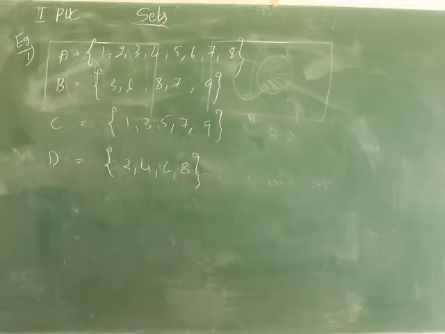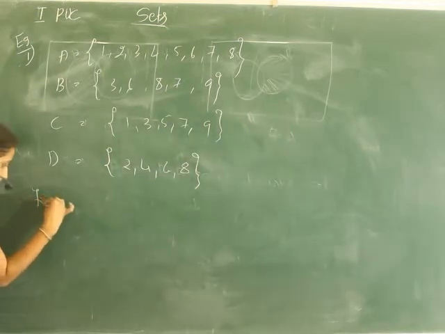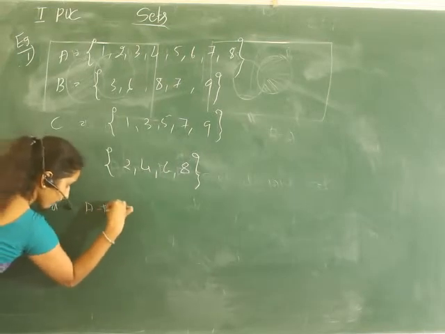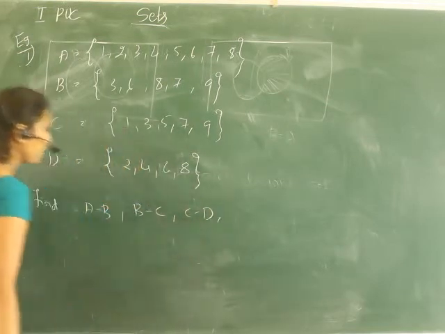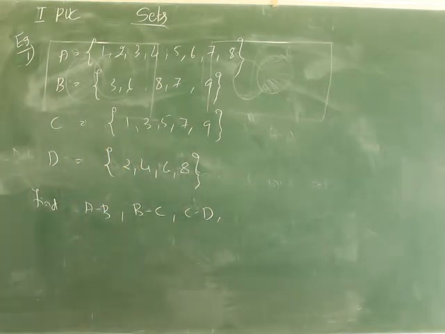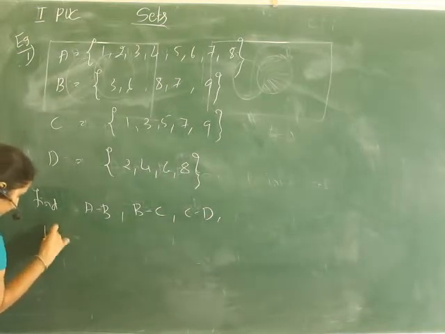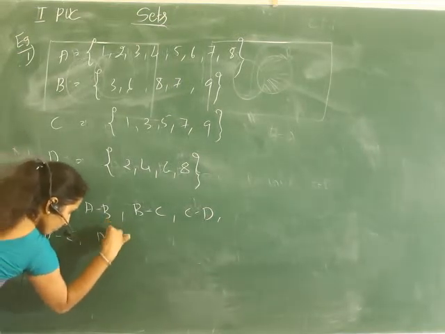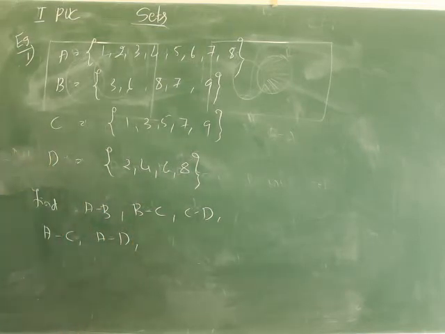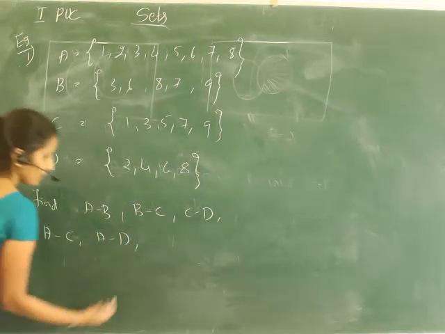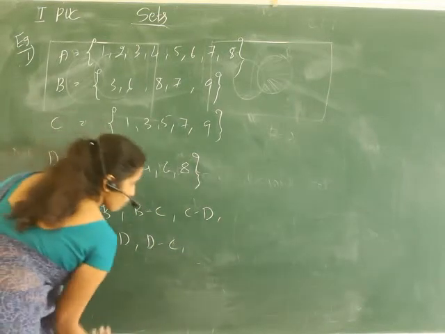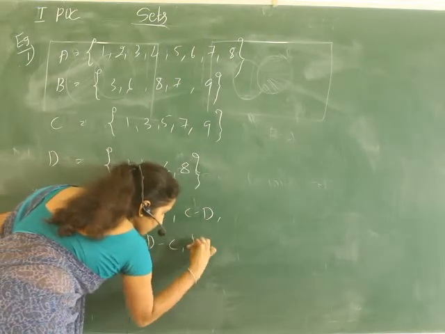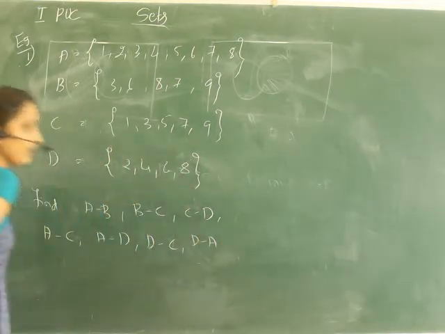So A, B, C, D have been given. Find A minus B, B minus C, C minus D, A minus C, A minus D, D minus C, D minus A, and many more you can calculate.